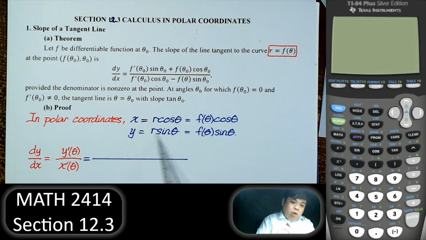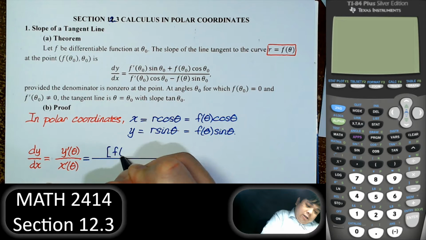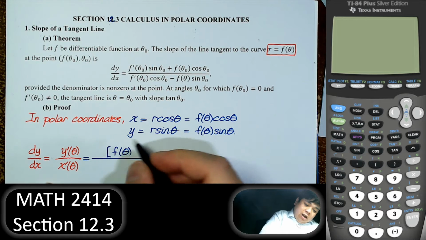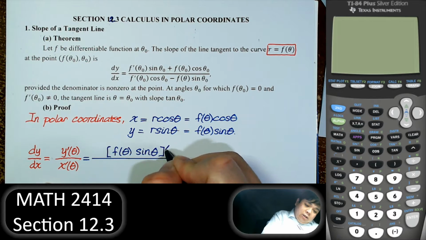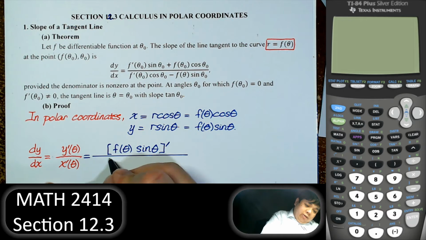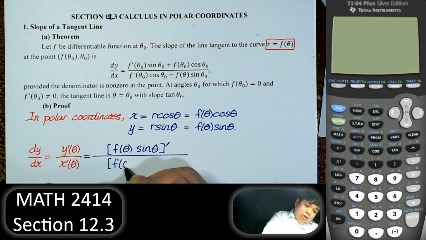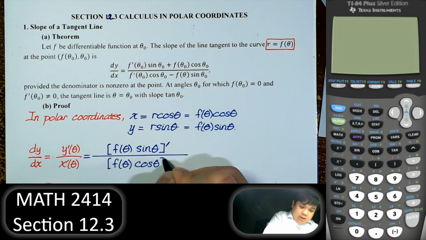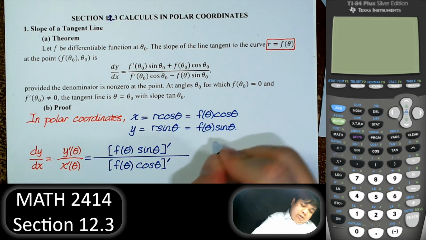So the derivative of y, which is f of theta sine theta, over the derivative of x with respect to theta. Simple enough, right? Since both of them are products, we use the product rule.